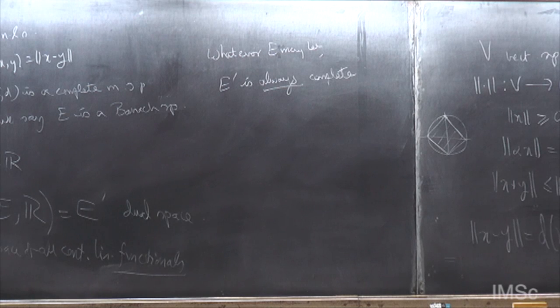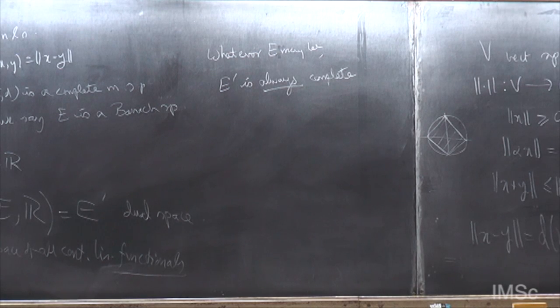Because when you have L(E, F), if F is complete, then L(E, F) is complete. We do not care about E. When you look at linear transformations, the range space is what matters. So, if F is complete, then L(E, F) is complete, you can prove that, and because R is always complete, L(E, R) is always complete. So, the dual space is always a complete space.